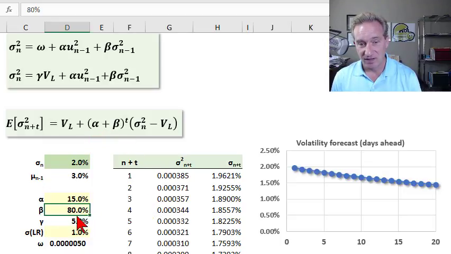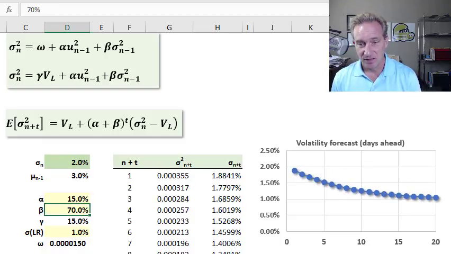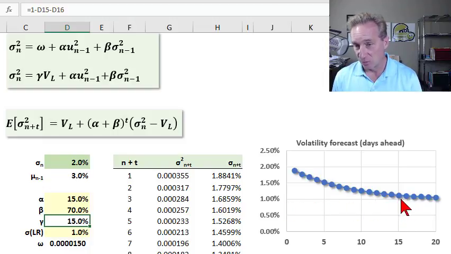And so for example, I can take this beta down to 70%. That's going to put 15% on the gamma, and you'll notice that my forecast is getting pulled toward the long run level for volatility of 1% more quickly.